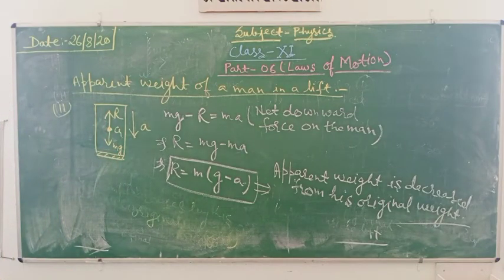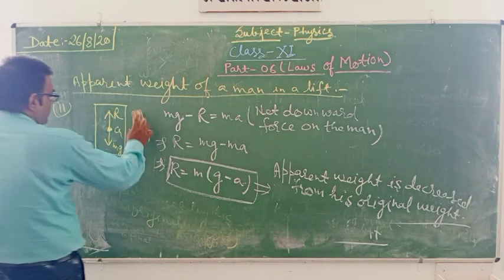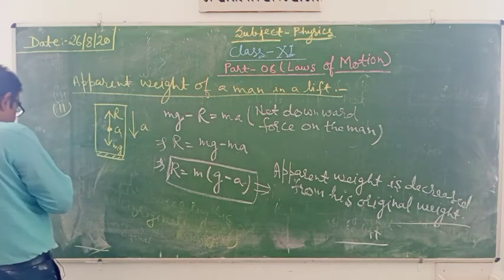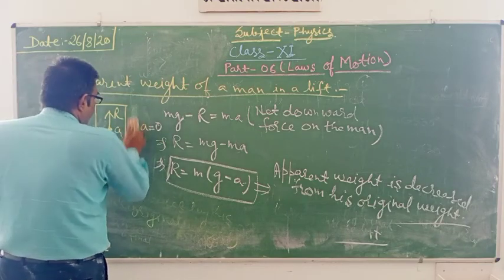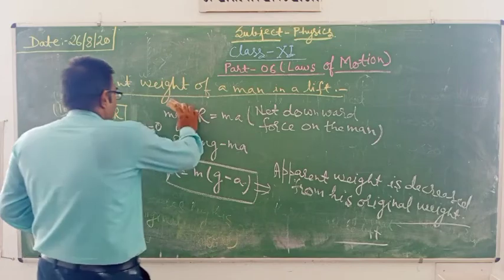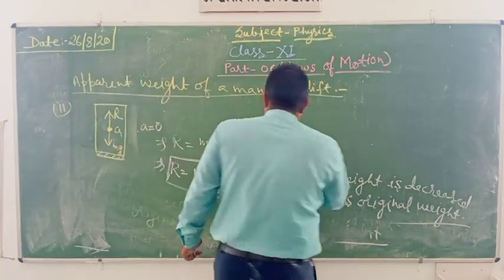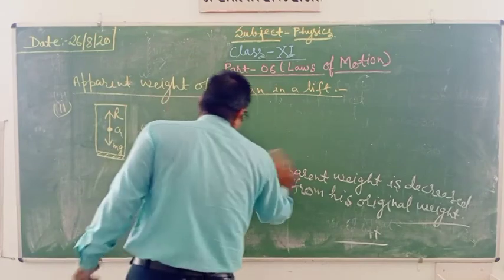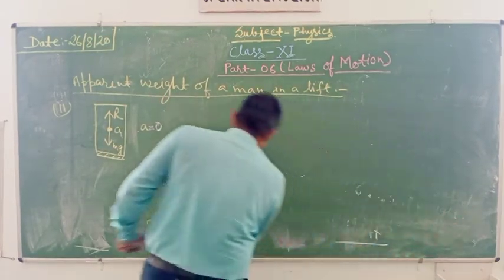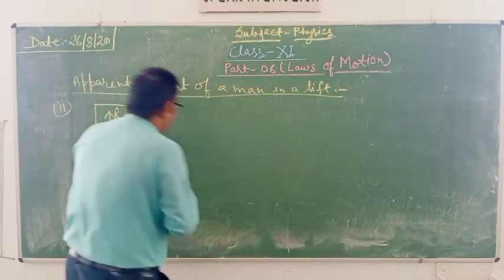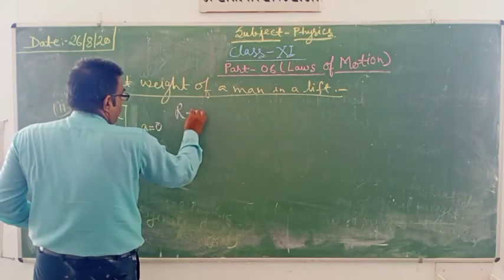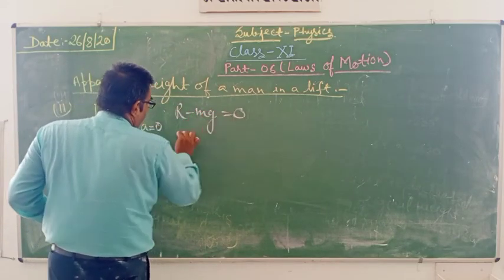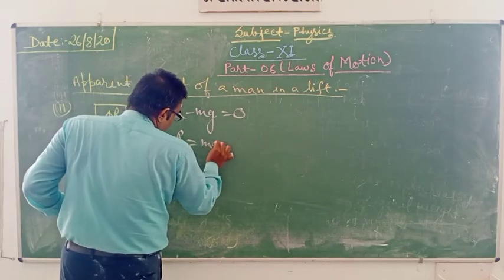Now we will discuss case third, in which there is no acceleration of the lift. In case third, acceleration a is equal to 0, and if a is equal to 0, then the apparent weight is equal to the actual weight of the man. Apparent weight is R, and R minus mg is equal to 0, or R is equal to mg.